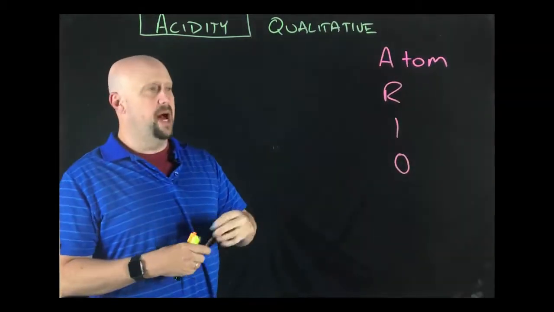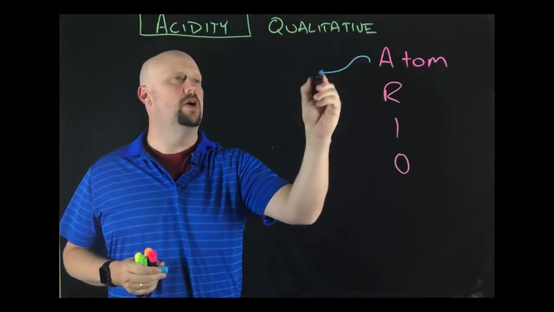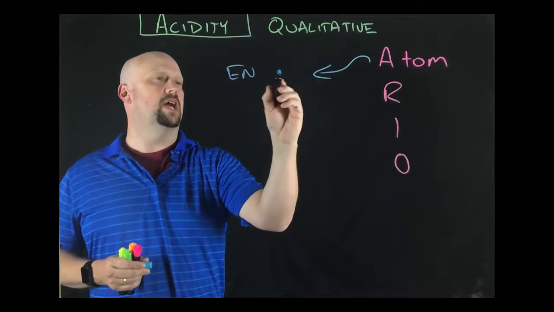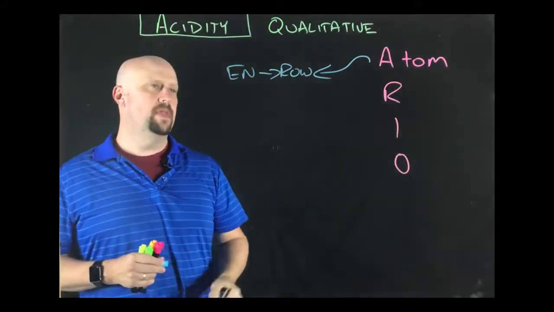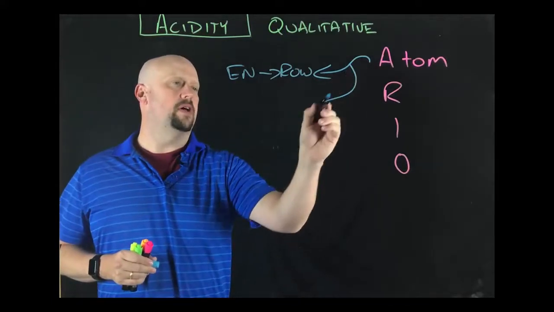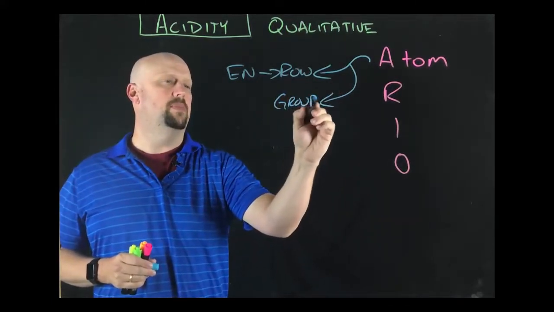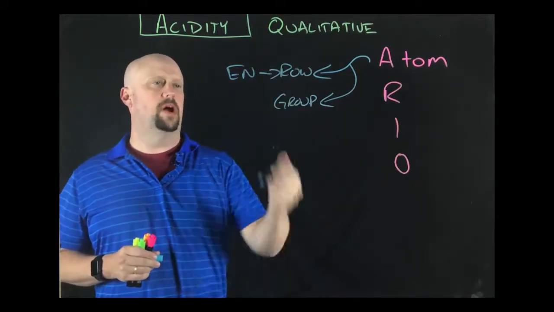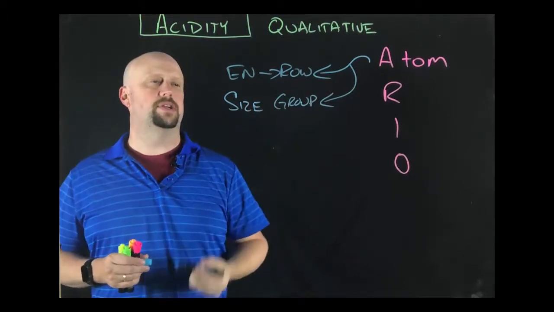And the atom matters in this way. If things are in the same row, then electronegativity matters. And if things are in the same group, meaning column, so row on the periodic table, column in the periodic table, if they're in the same group, then size is what matters.